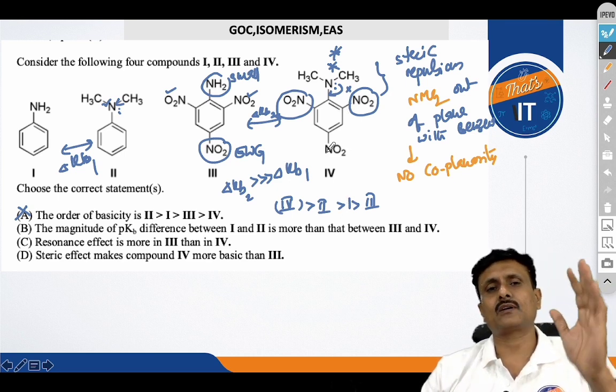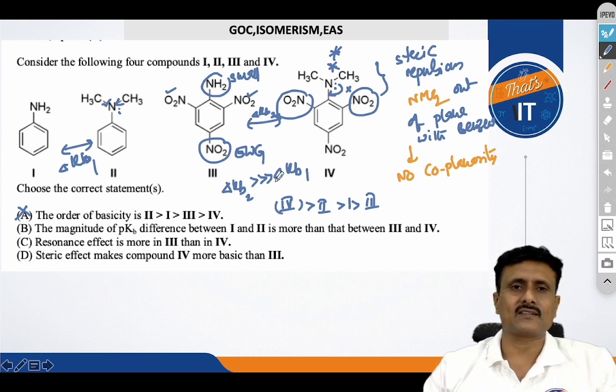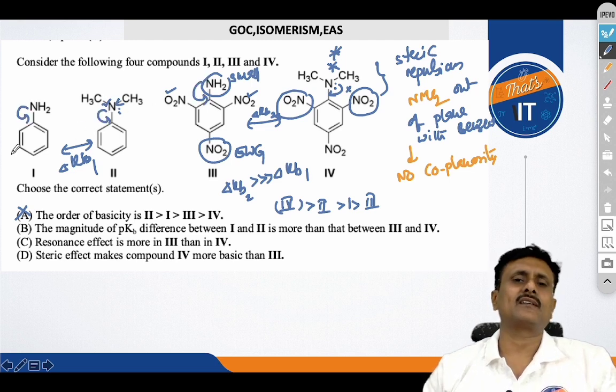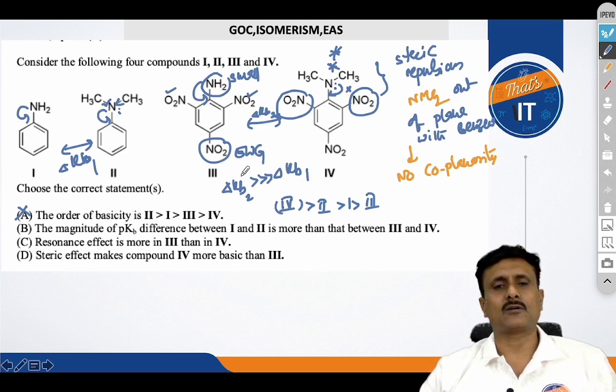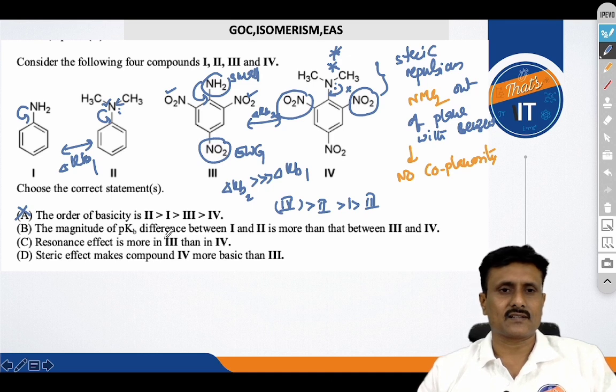This lone pair is not at all involved in any sort of delocalization. However, in all the 3 cases, you can see that the lone pair is involved in delocalization. There is no point of comparison between 4 and the rest of the 3 compounds. So this gap would definitely be greater. So the statement that the pKb difference between 1 and 2 is more than 3 and 4 is absolutely wrong.